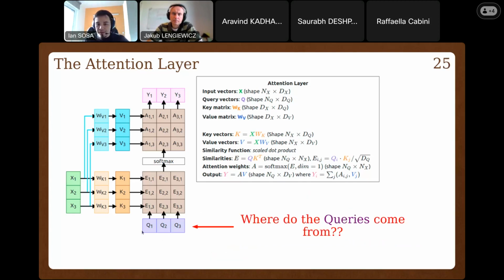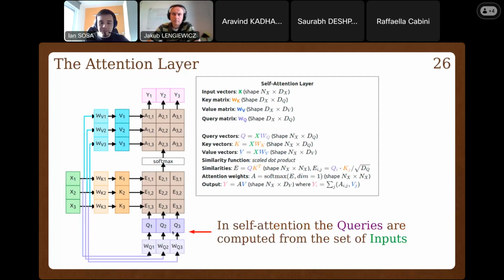Now, another thing. I introduced these queries here, but I never explained to you where they come from. The different sources of the queries determine the type of the attention layer that we're looking at. There are two main types of attention layers: the self-attention layer and the cross-attention layer. In the self-attention layer, which we see here, the queries come from the inputs themselves as well.